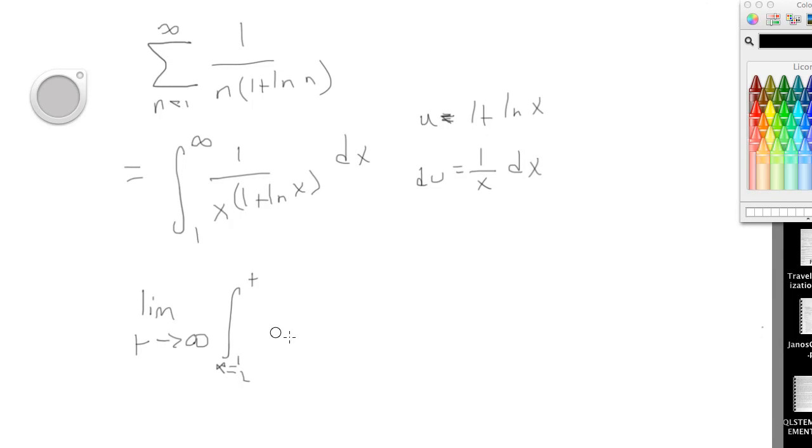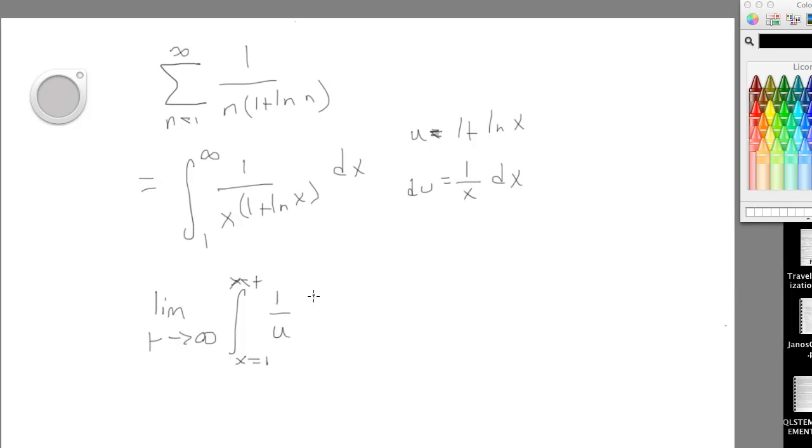Alright, let's clean this up some. So down here I have x equal 1 to x equal t of 1 over u du.